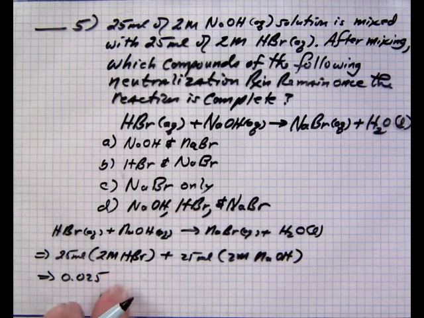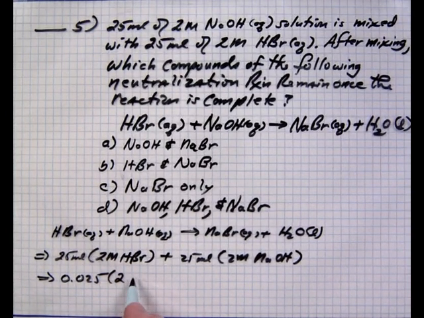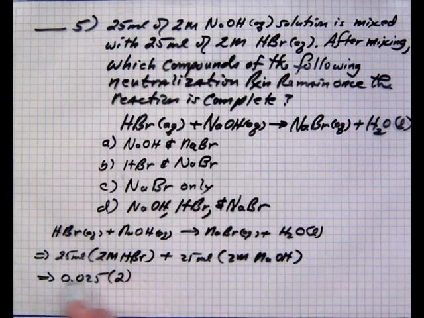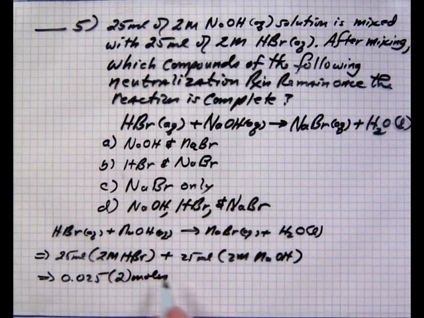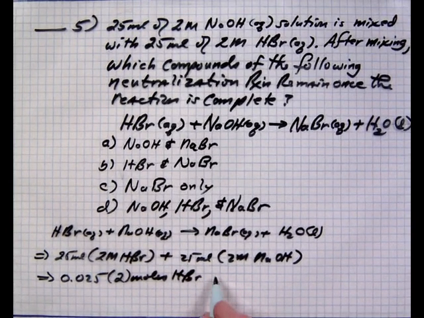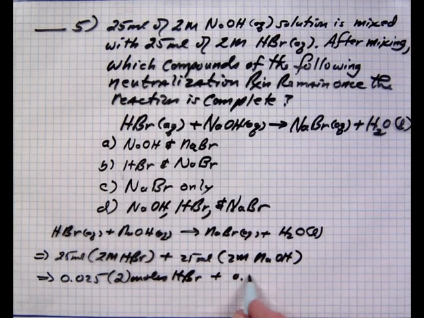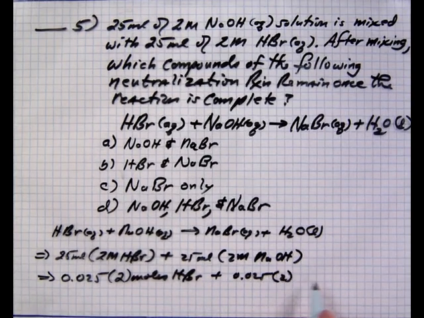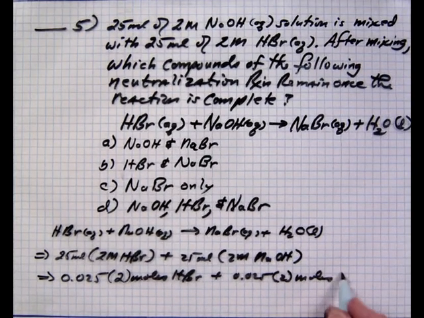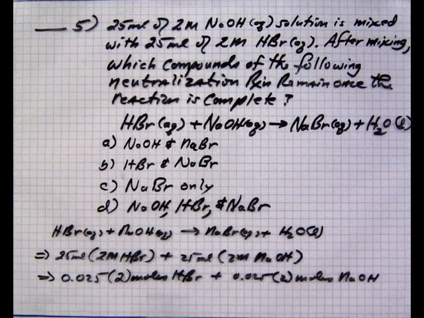Let's do it this way: 0.025 liter times 2 molar gives you moles of HBr, plus 0.025 times 2 moles of sodium hydroxide.